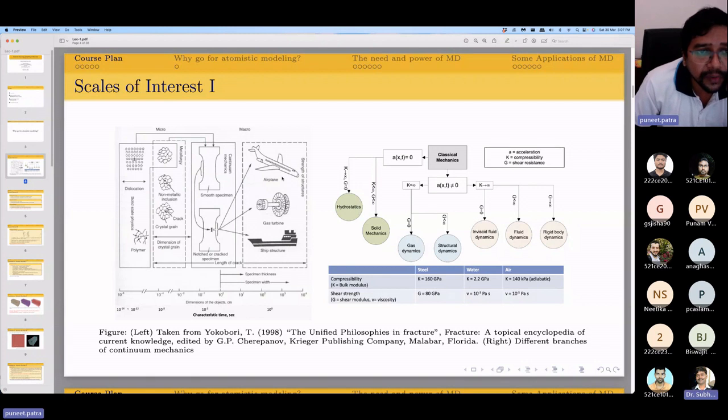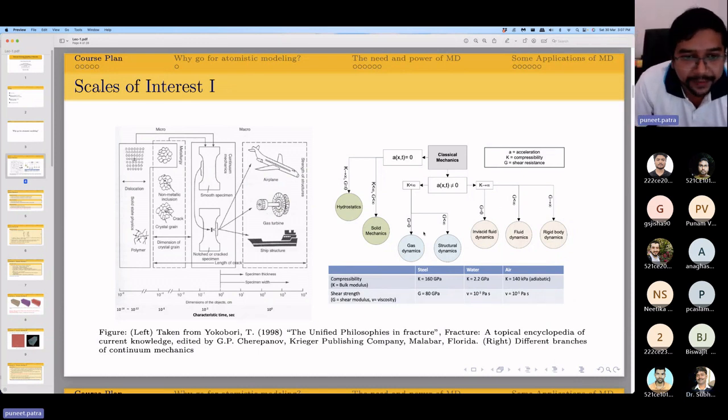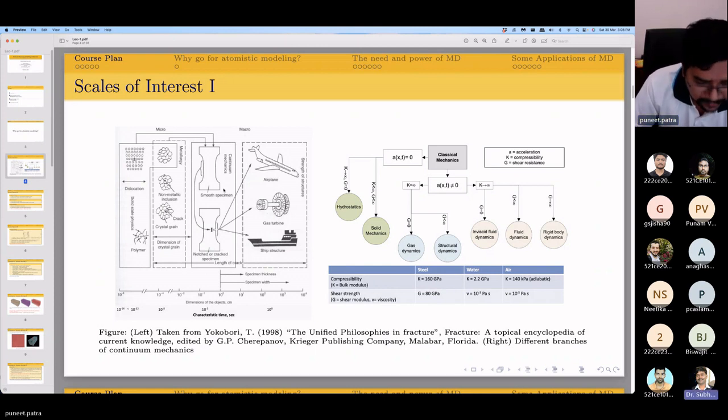Now, these macroscopic systems are typically governed by continuum mechanics, and this we will deal with in a little while in more detail. Now, the properties of interest for any such large scale structure, the property that we as engineers or researchers are interested in, typically manifest at that scale, but their origin can be traced back to much smaller scales.